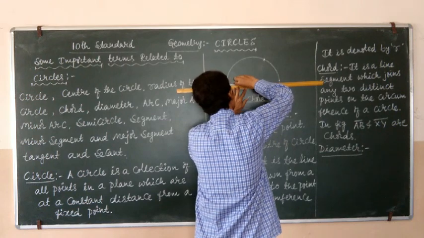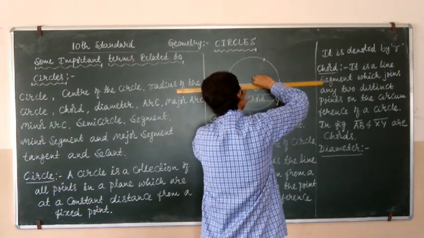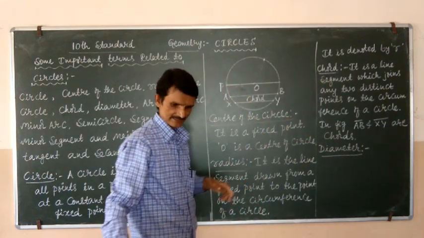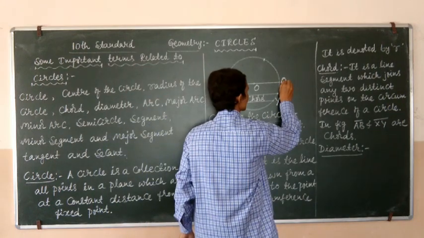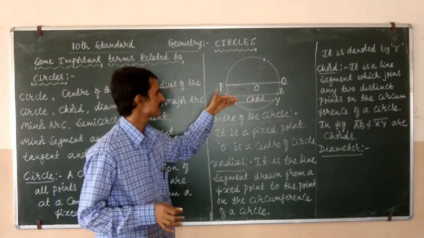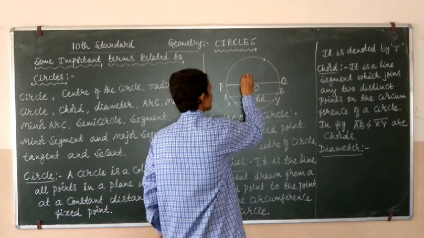That chord which passes through the center is called the diameter.